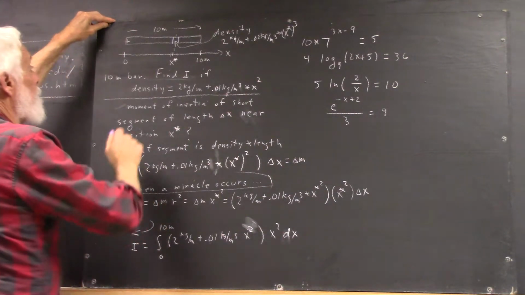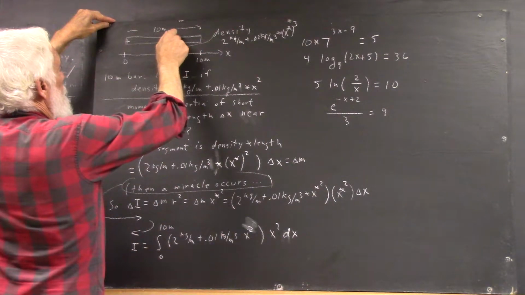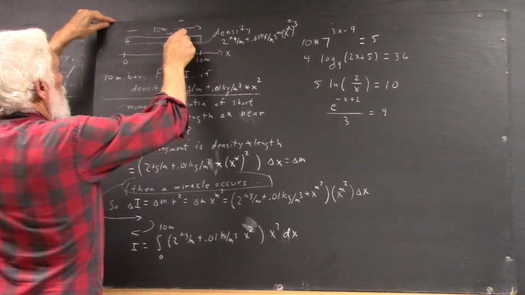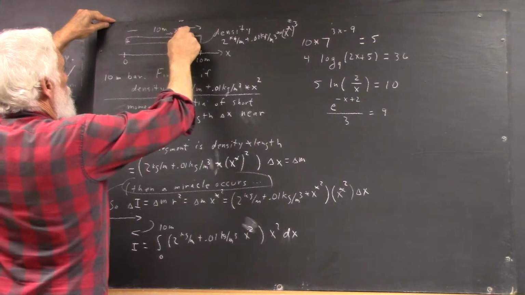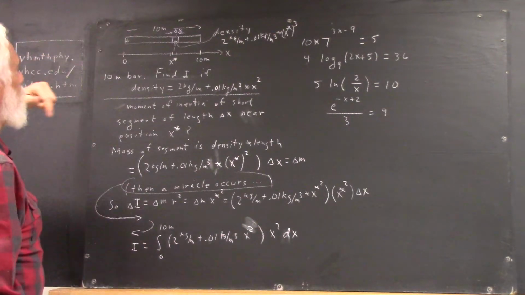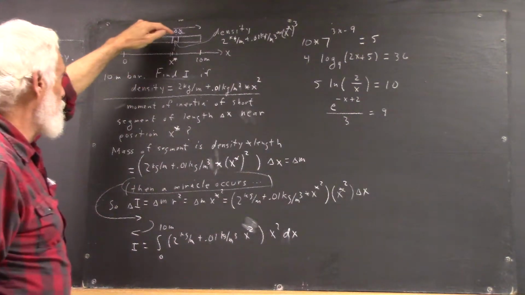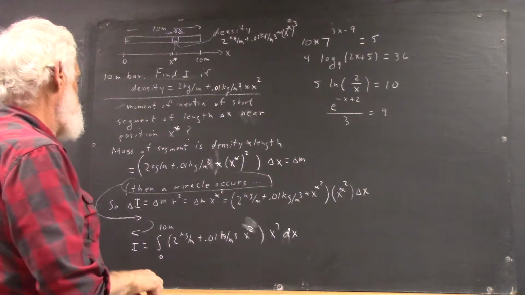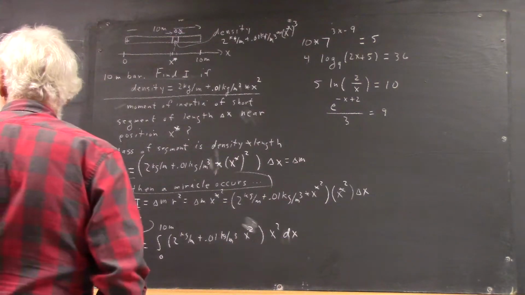This is your delta x. So what's the mass in that region?